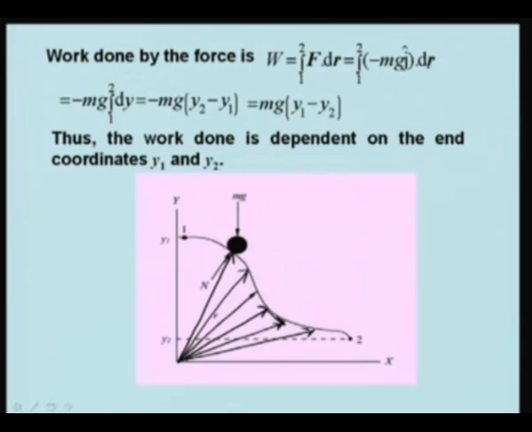Dr can be written as dx i plus dy j plus dz k. Dot product of j and i is 0, dot product of j and k is 0, therefore we are left with minus mg dy, because j dot j is 1, which gives us minus mg (y2 minus y1), that is equal to mg (y1 minus y2).